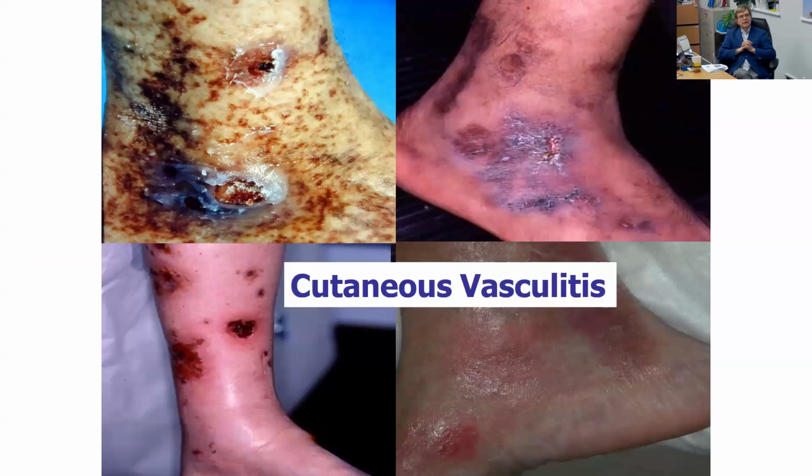Next one. And you see in the upper left corner a superficial vasculitis. The other 3 are deeper. The left lower would be an area of the mid-dermis and to the subcutaneous junction, as would be the right lower, where you see nodules.